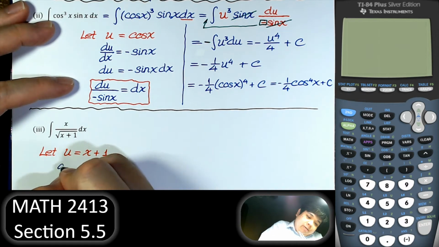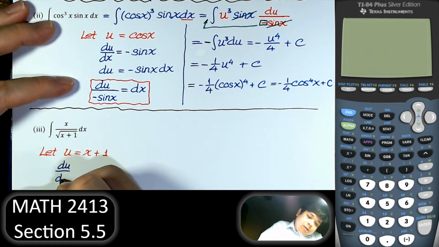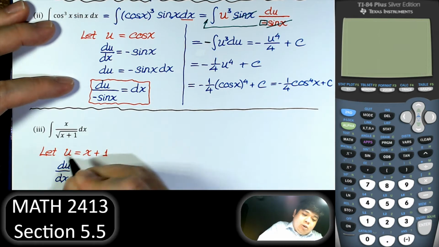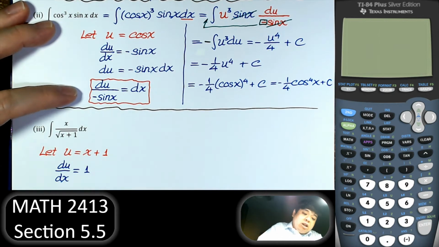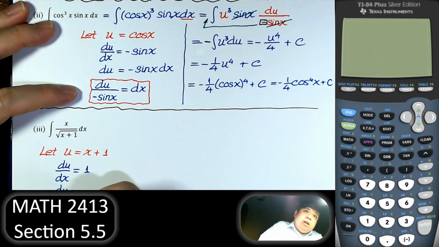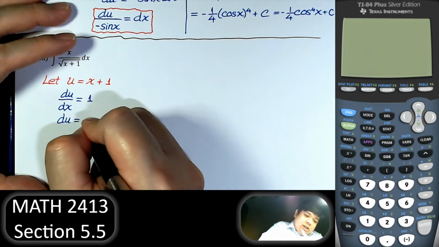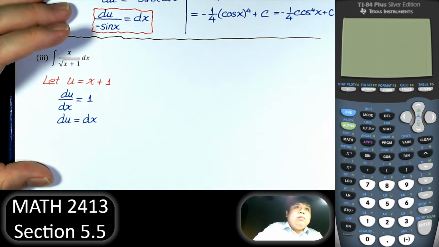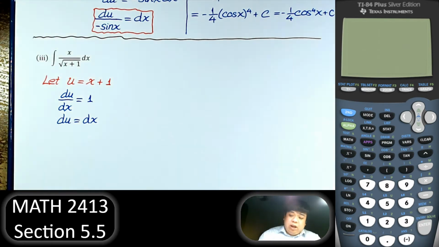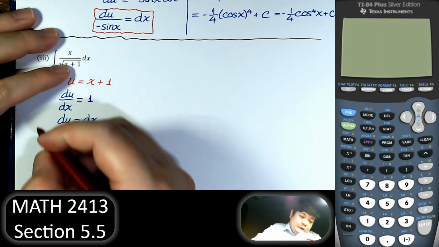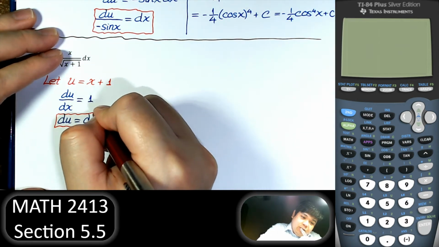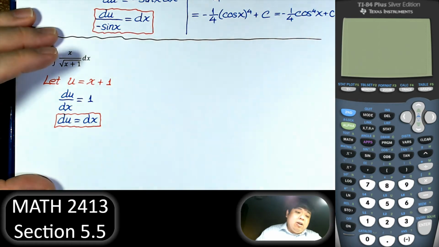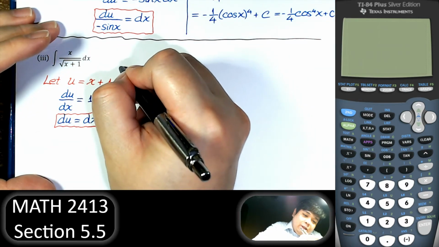So derivative is equal to 1. Multiply the dx over, we have du equal to dx. And actually we solved for dx already because du equal to dx, or dx equal to du, right? Multiplying across. Now let's just substitute into our problem.